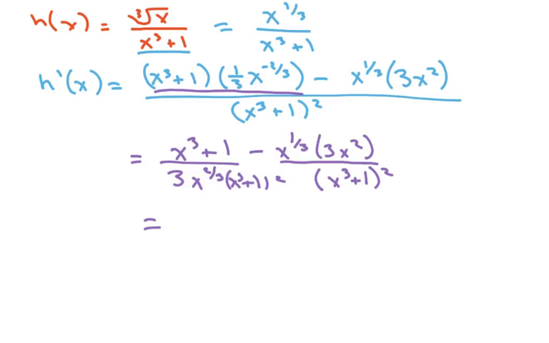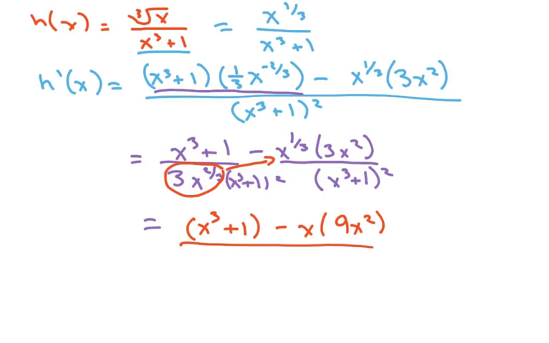So if you want to simplify this, we need to multiply this portion up into that. And when you do that, you're going to get x cubed plus 1 minus x times 9x squared. You have to multiply this because we want the same denominator. And our same denominator is going to be 3x to the 2/3 times x cubed plus 1 squared.